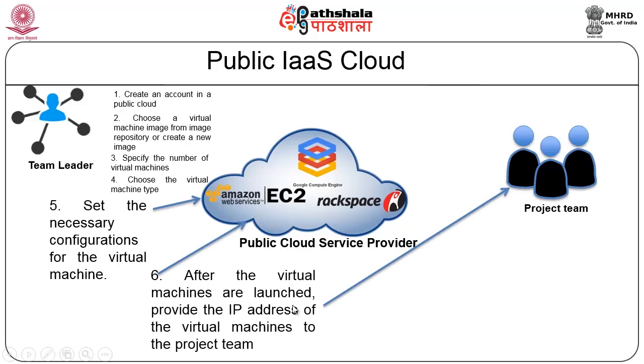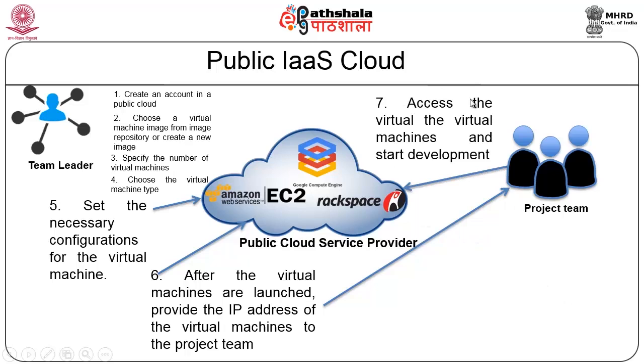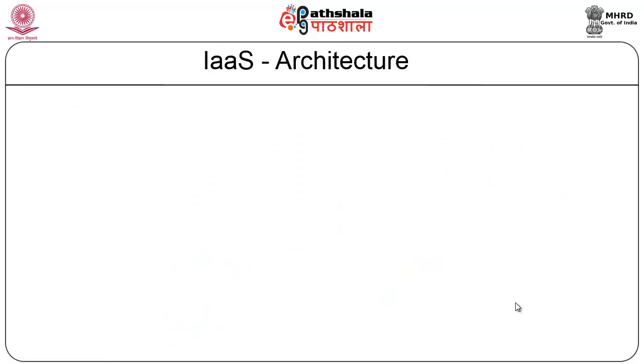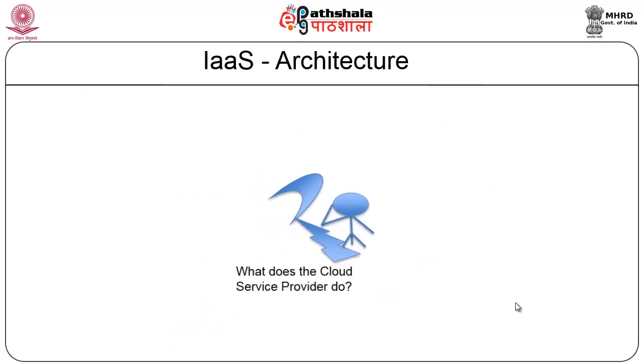Then these virtual machines are launched, and her team will be informed that these virtual machines are ready to use. The team will be accessing the virtual machines, and only now will the development for that website start by XYZ. So, this is one way of looking at why or when a particular company wants to access the cloud.